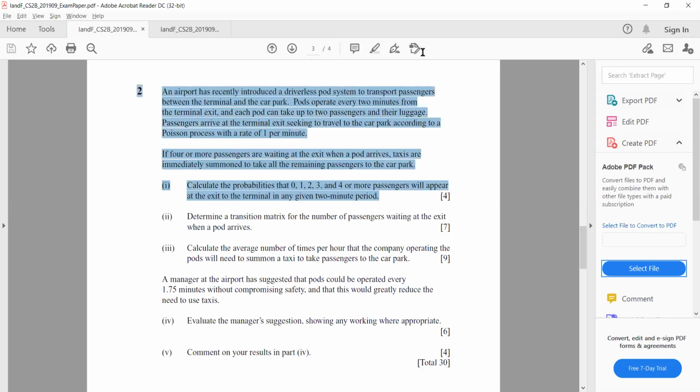I'll still do it for the sake of completeness of this question. We would be working for a 2 minute time period. So all my random variables are for basically a 2 minute time period. So let us denote this by N. N follows nothing but Poisson 2.